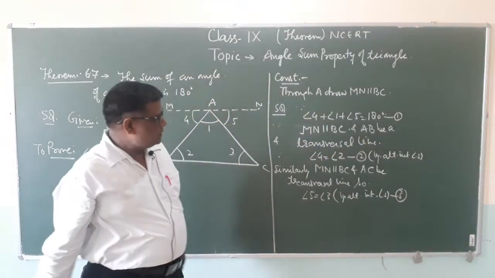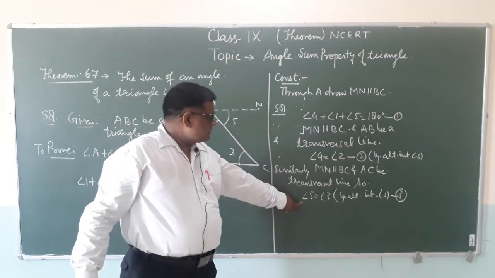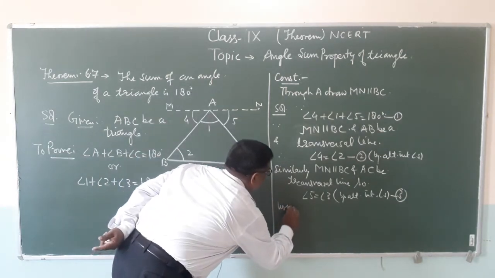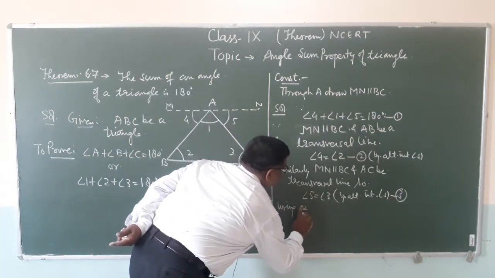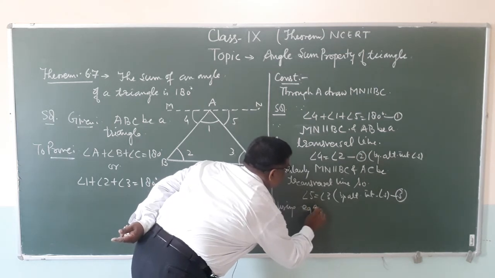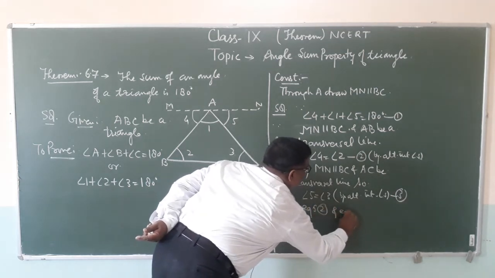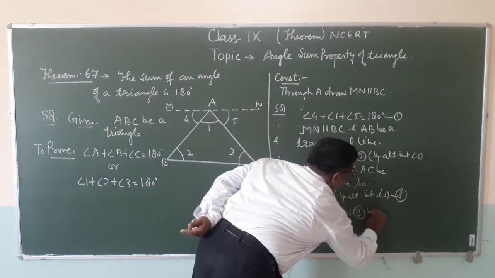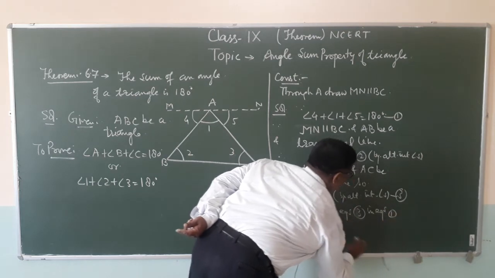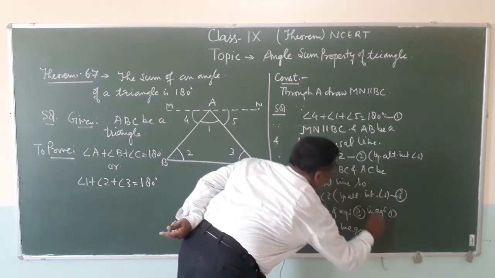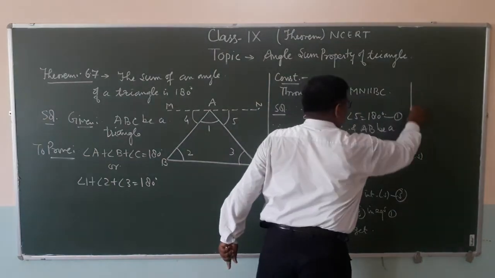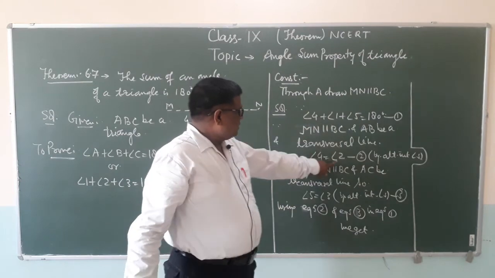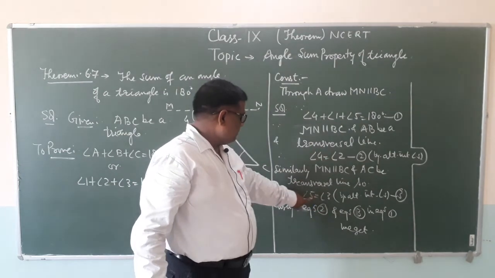Now we use equation 2 and equation 3 in equation 1. So what will we write? Now using equation 2 and equation 3 in equation 1, we get: angle 4 is equal to angle 2 and angle 5 is equal to angle 3.